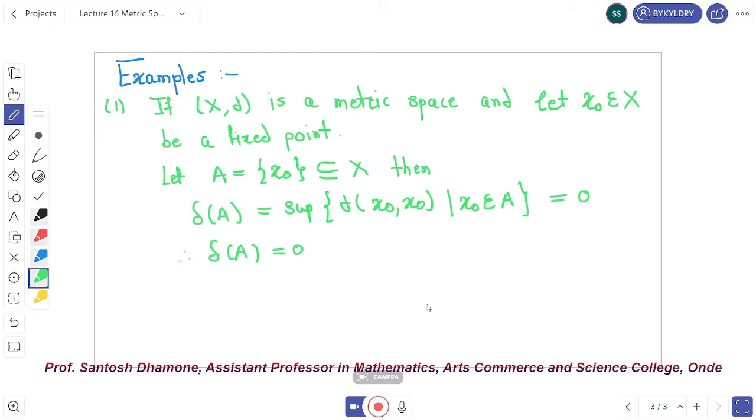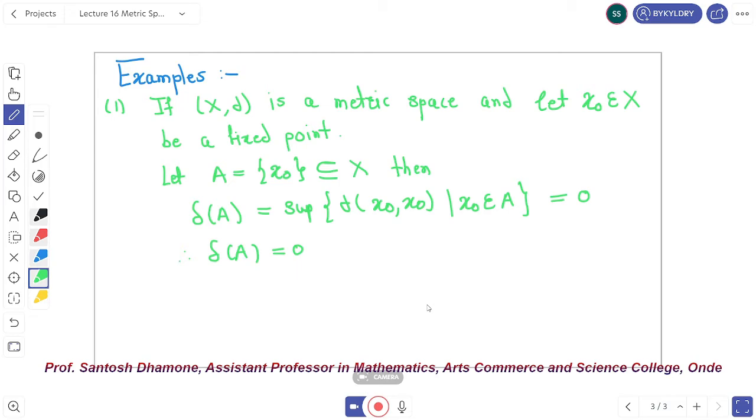By definition, the diameter of A is equal to the supremum of the set d(x,y) such that x and y belong to A, which is equal to the supremum of the set of modulus of x minus y.